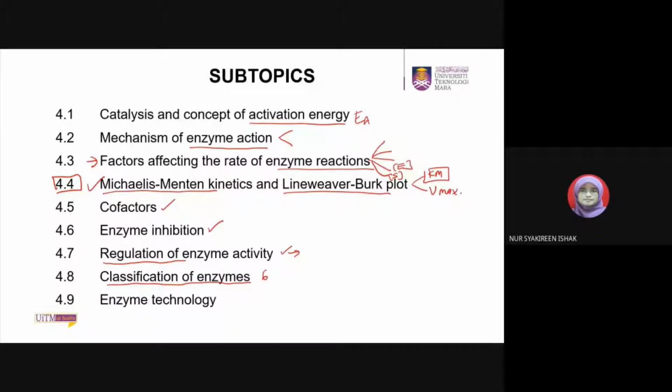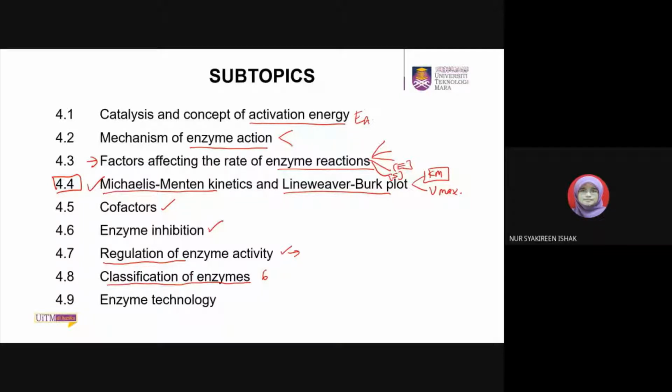We group them under hydrolase, for example. So hydrolase is an enzyme involved in breaking bonds using water. That is one of them, hydrolase. Then we have oxidoreductase. There are 6 altogether, including lyase. So we are going to look at the 6 classes of enzyme based on how the enzyme catalyzes the reaction.